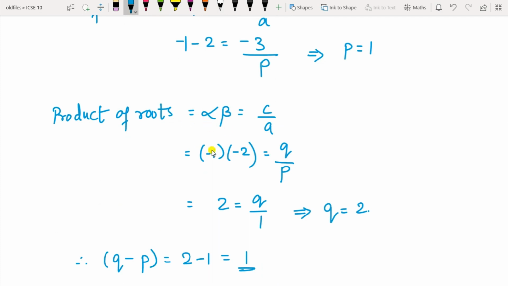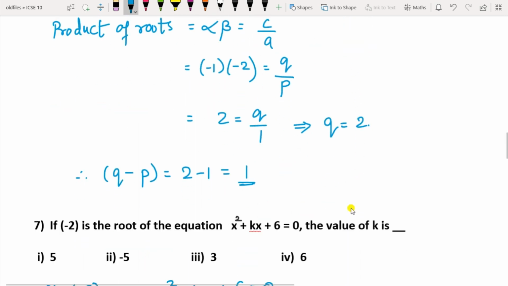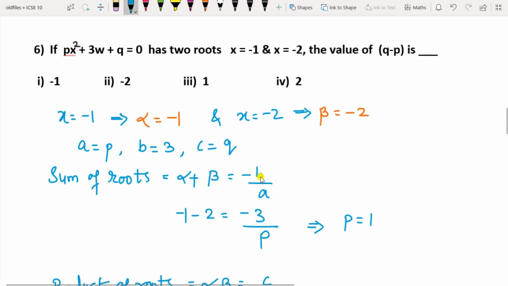Alpha is minus 1, beta is minus 2, c from the given equation is q and a is p, but the value of p is 1 here, therefore q will be equal to 2. So these are the values of p and q. Now substitute in q minus p, that will be 2 minus 1, which is 1. So option 3 is the correct option.